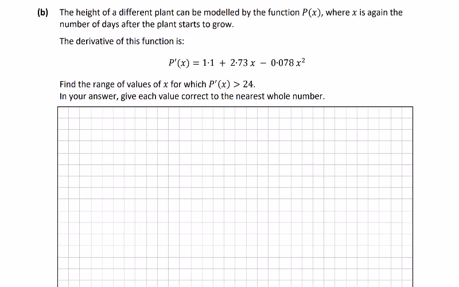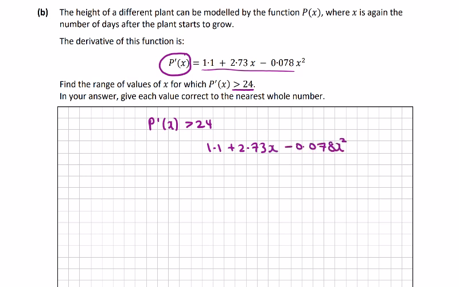Part B, we have a different plant modeled by this function. We're asked to find when p prime x is greater than 24. So p prime x, be careful, this is p prime x, not p x. So when is 1.1 plus 2.73x minus 0.078x squared greater than 24?